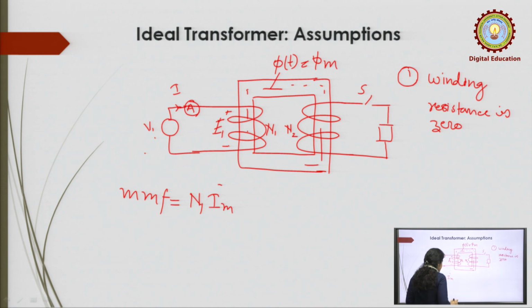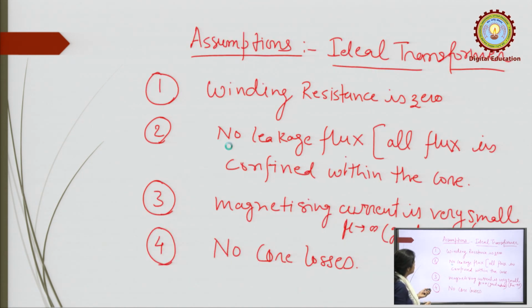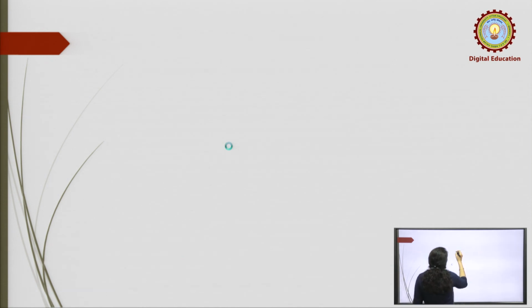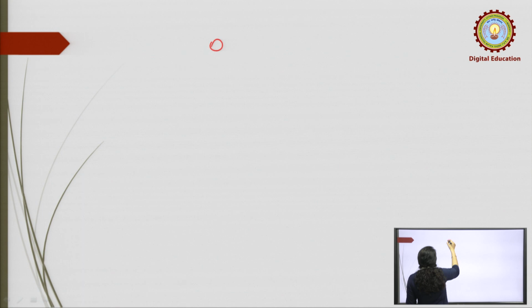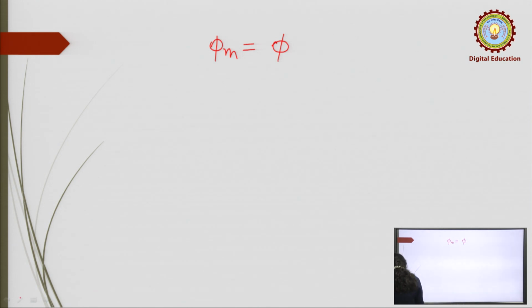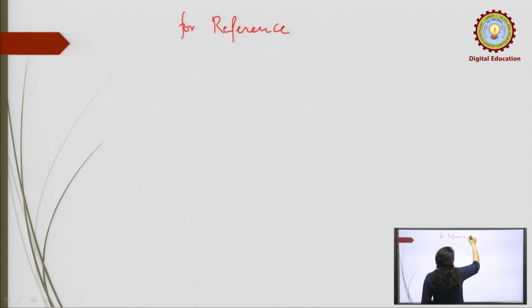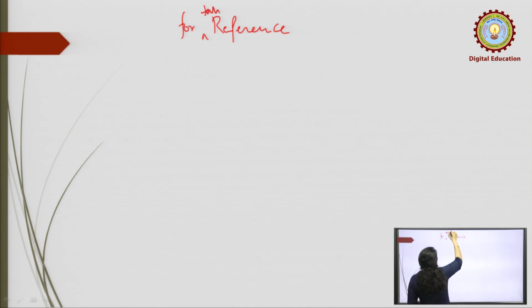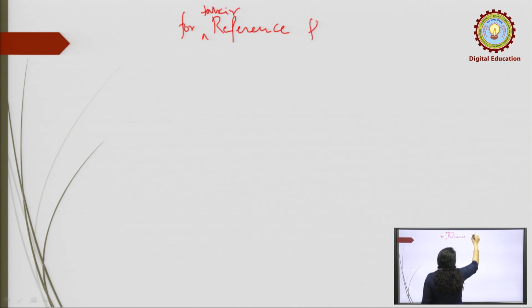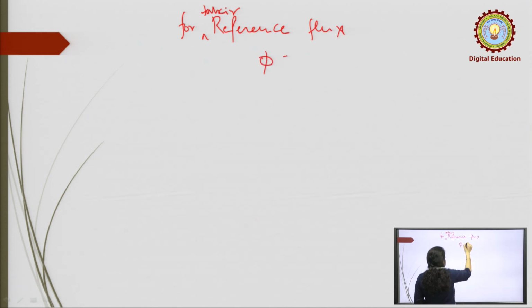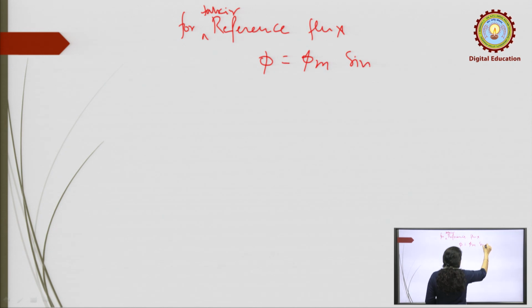For reference, taking the reference flux phi is equal to phi m sin omega t.